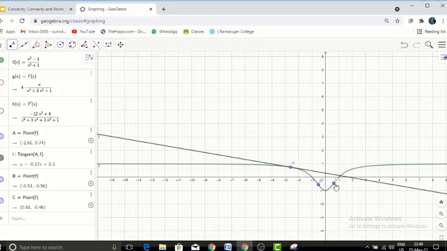So in this branch the curve is concave upward. Above this the curve is concave downward. Similarly, in this area above this point the curve is concave downward. So these B and C are 2 points of inflection. So this is how we discuss this example graphically.